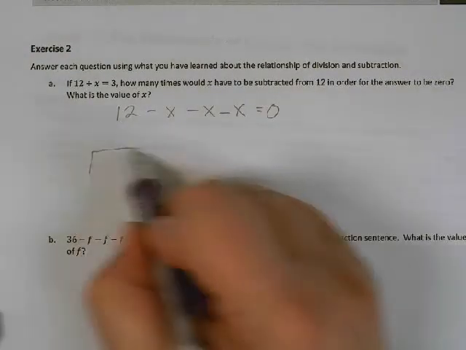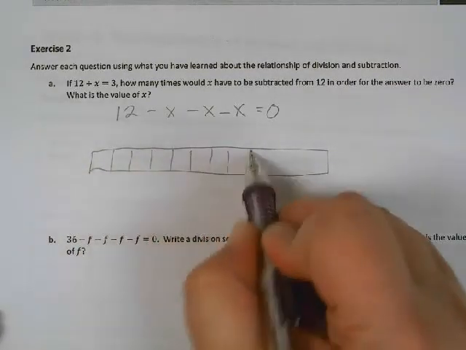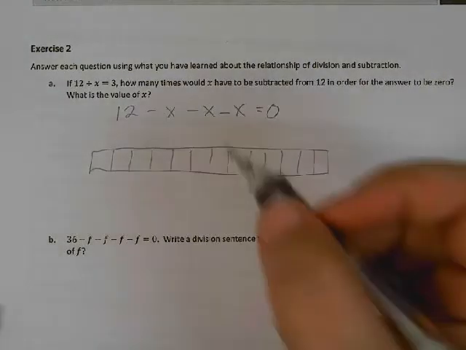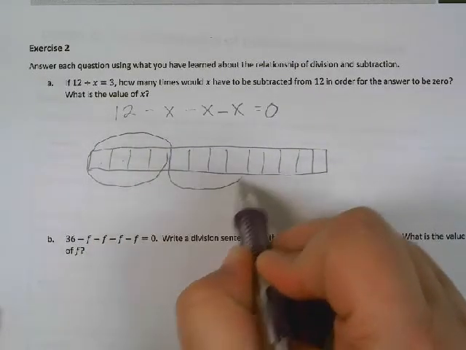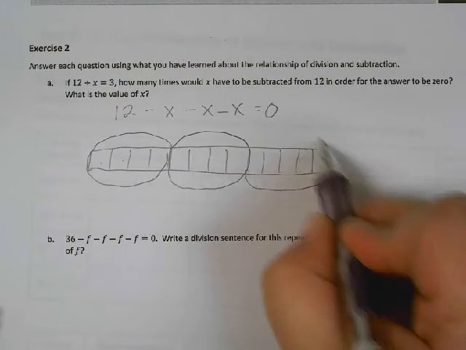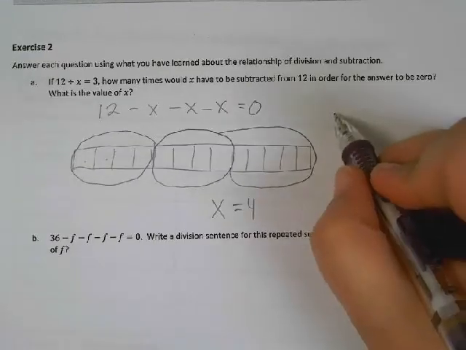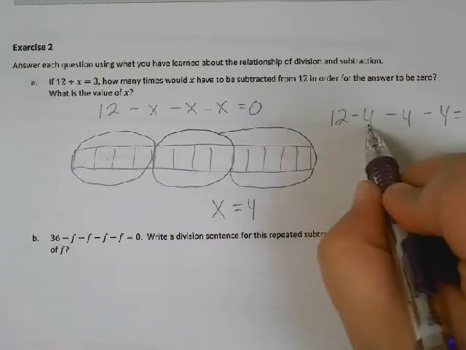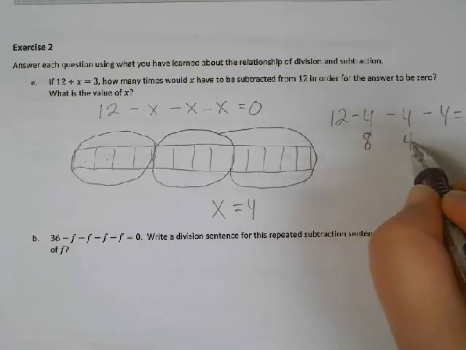So if I have 12, and I broke it into 3 groups, I know that I would have to have 4 in each group. So x equals 4. I can check that by saying 12 minus 4 minus 4 minus 4 equals 0. So 12 minus 4 equals 8, and 8 minus 4 equals 4, and 4 minus 4 equals 0.